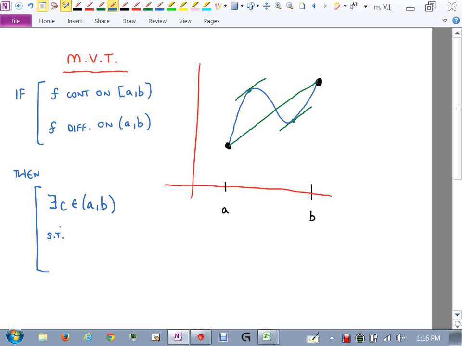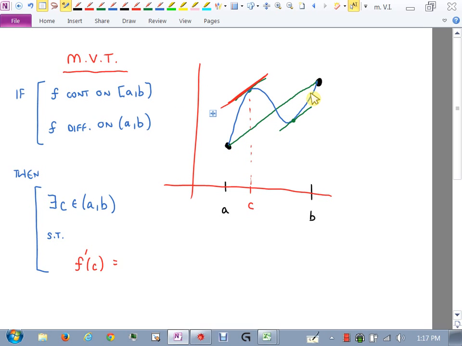The slope of the tangent line at some point here, I'm going to call this c. The slope of the tangent line there is the derivative at c. That's the slope of the tangent line at that point. We need that to be equal to what? That should be equal to the slope of this line connecting these 2 points.